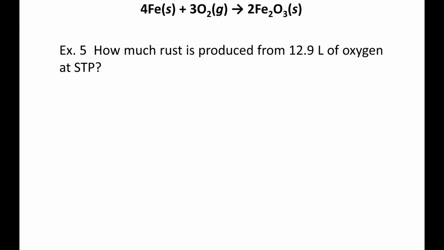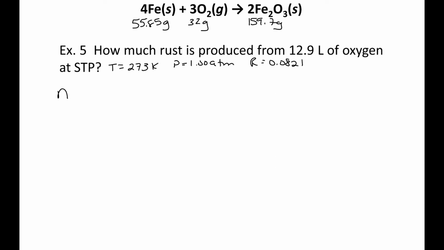Okay? Last but not least, it's our last problem out of these notes. Okay, so how much rust is produced from 12.9 liters of oxygen at STP? Well, this makes our T 273 K, P is 1.00 atm, and R is 0.0821.